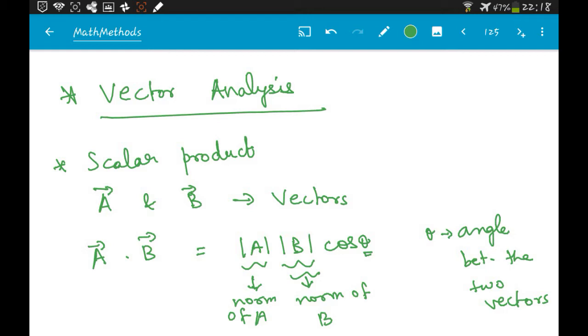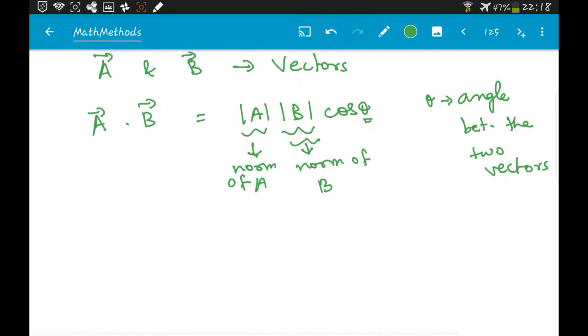If you are given such vectors, how will you find the scalar product? Obviously, if you know the angle, then you can immediately get the norm of A, the norm of B, and write cos of that angle. But if you do not know the angle and you are only given the vectors, let's say you have a vector A given by Ax i plus Ay j plus Az k. So i, j and k are unit vectors.